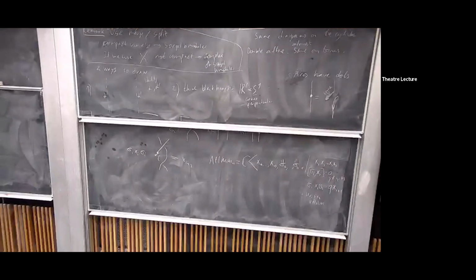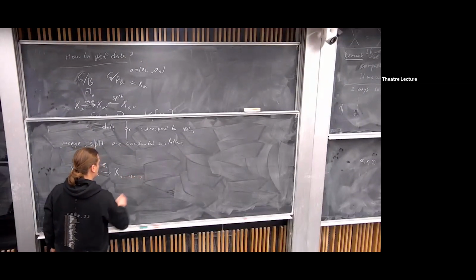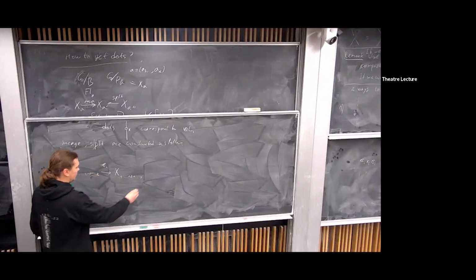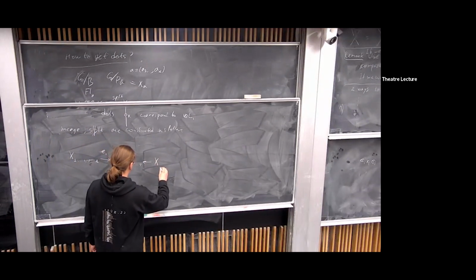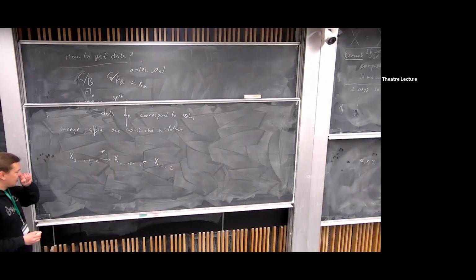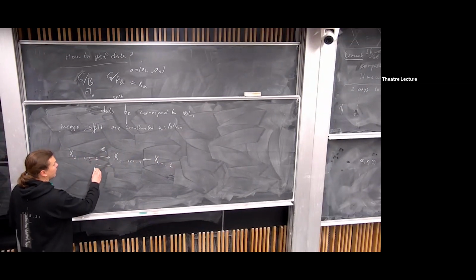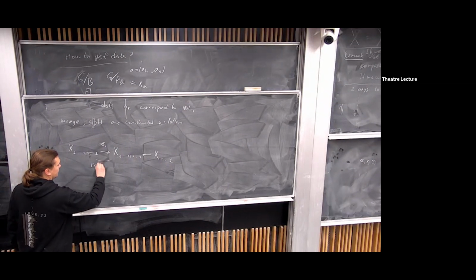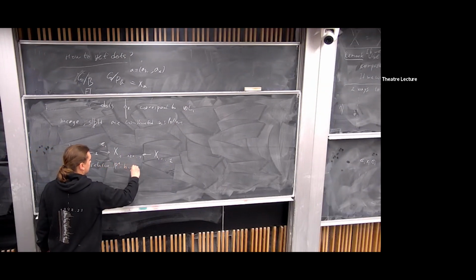Then it becomes X with 1, 1, 1, 1, 2, and 1, 1, and then we have this map. What we can do with this map is simply a relative P1 bundle.